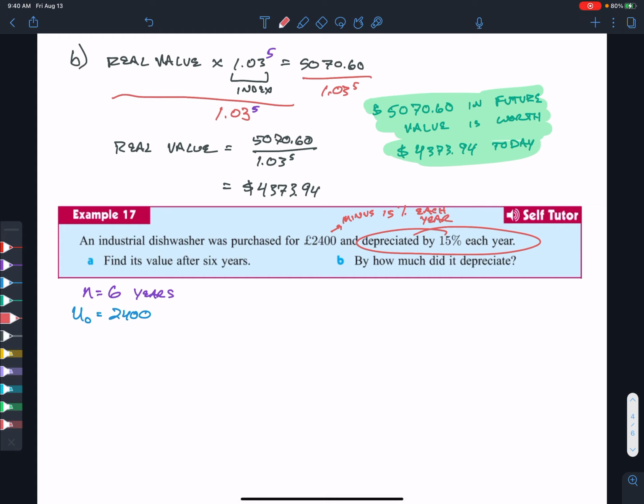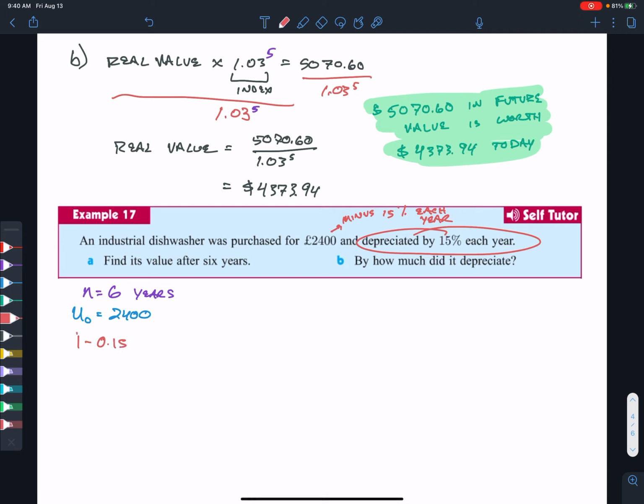So if I want to know what the value is, I don't want to know how much I'm taking off. If I want to know the value, I want to know what it's worth. So to find this depreciated value, I can do 1 minus 0.15.